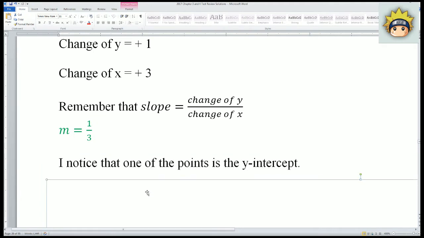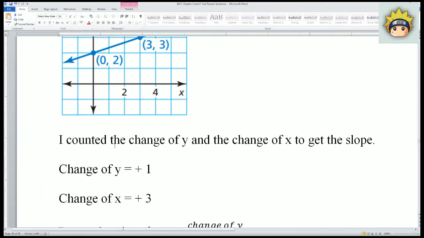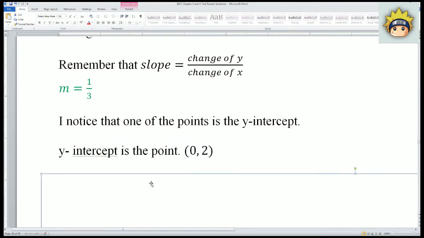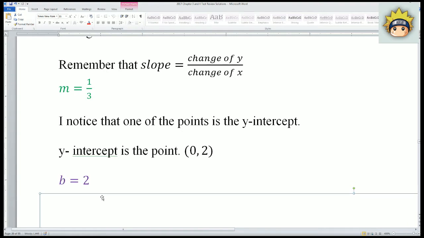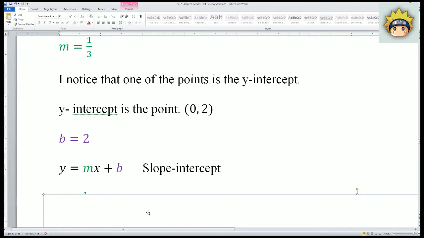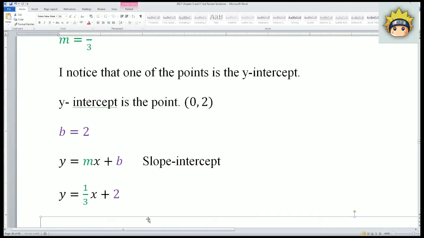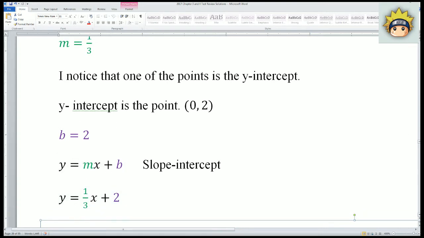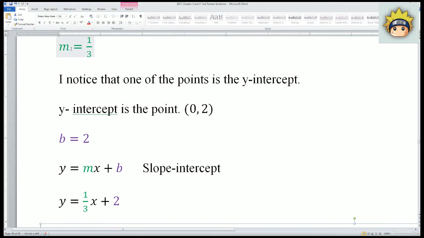Now, notice that one of the points is the y-intercept, which is this one, 0, 2. The y-intercept is the point 0, 2, so we're going to use b equals 2. Next, I can plug it into my slope-intercept form: y equals mx plus b. M is the slope, which is 1/3.